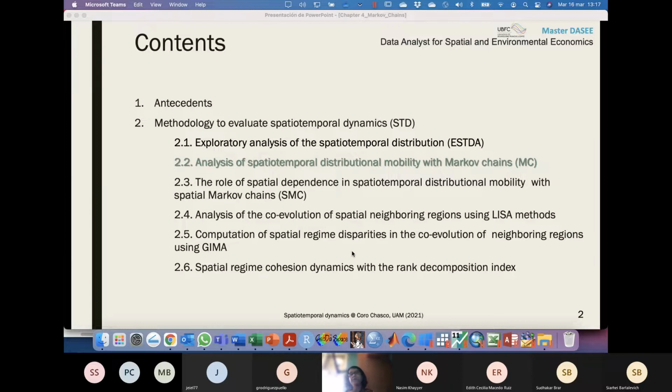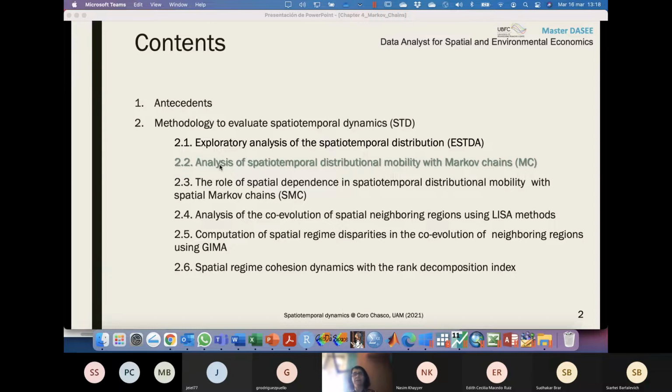So there are different ways of dealing with a spatial dependence and with a spatial regime. So the 2 spatial effects that we take into account when doing spatial analysis, which are spatial autocorrelation and spatial heterogeneity.